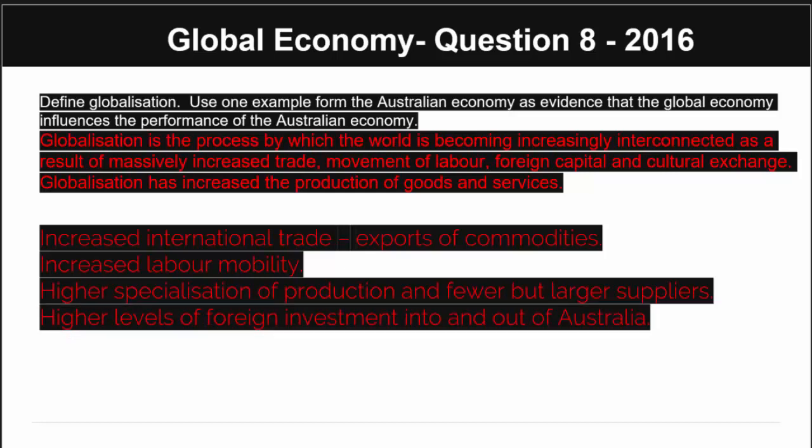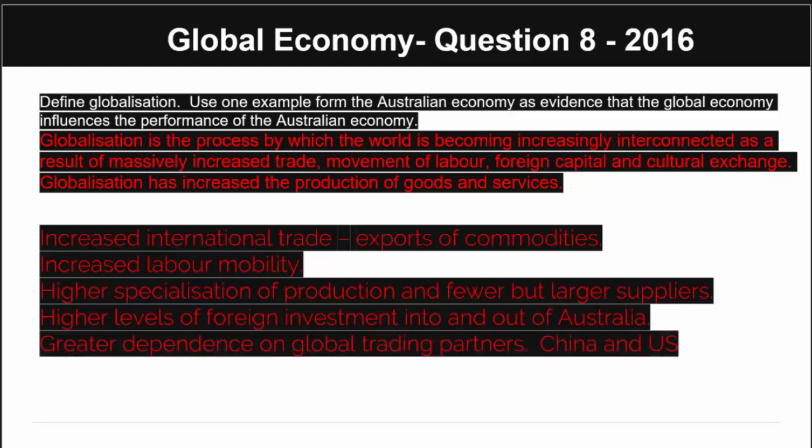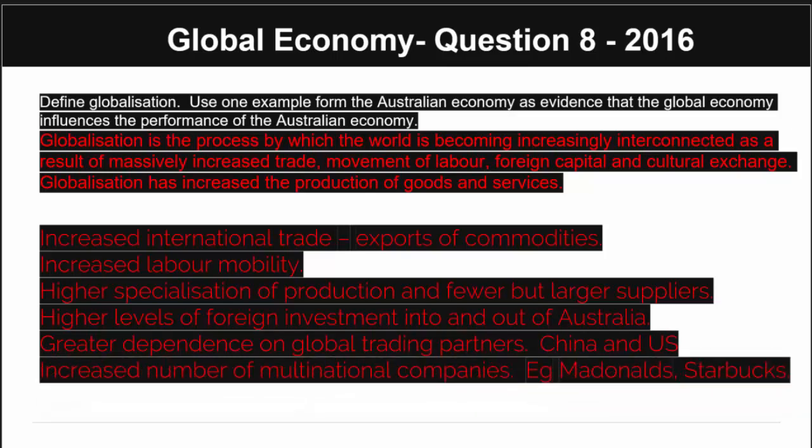There's a lot more reliance and levels of foreign investment in and out of Australia. And as you know from your balance of payments section, Australia relies very heavily on foreign investment to balance our books. We've got a greater dependence on other trading partners, particularly China and the US.